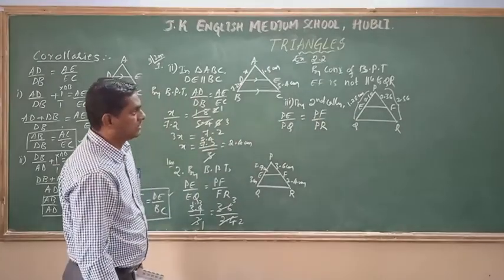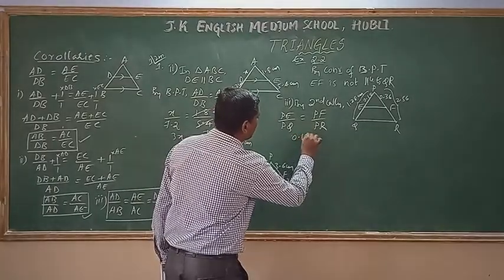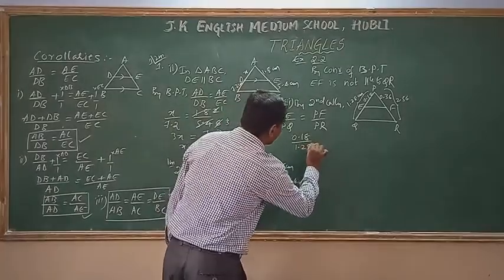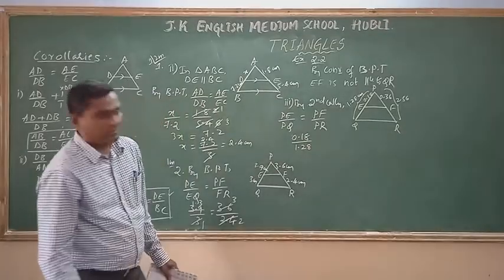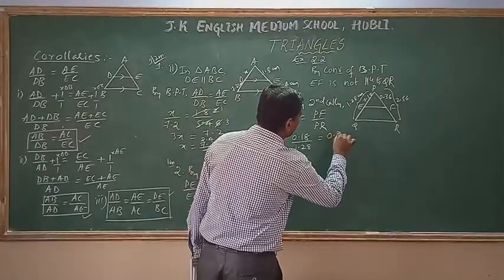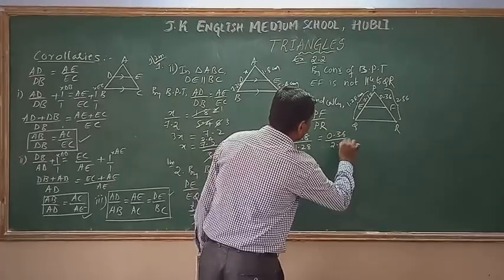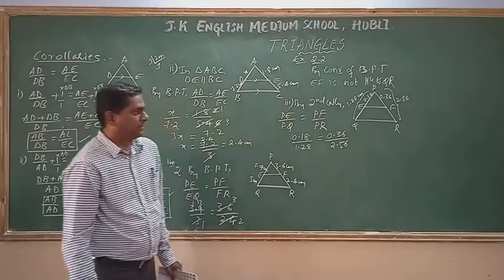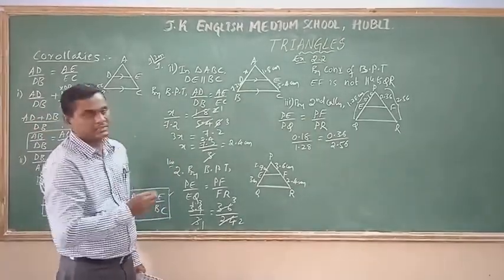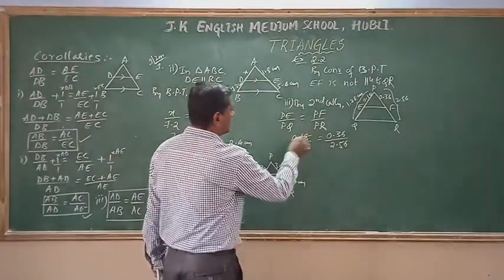Let us write the values. The value of PE is 0.18 and PQ is 1.28. PF is 0.36 and the value of PR is 2.56. After two decimal places you can cancel that. Let me cancel this by 2 times table.